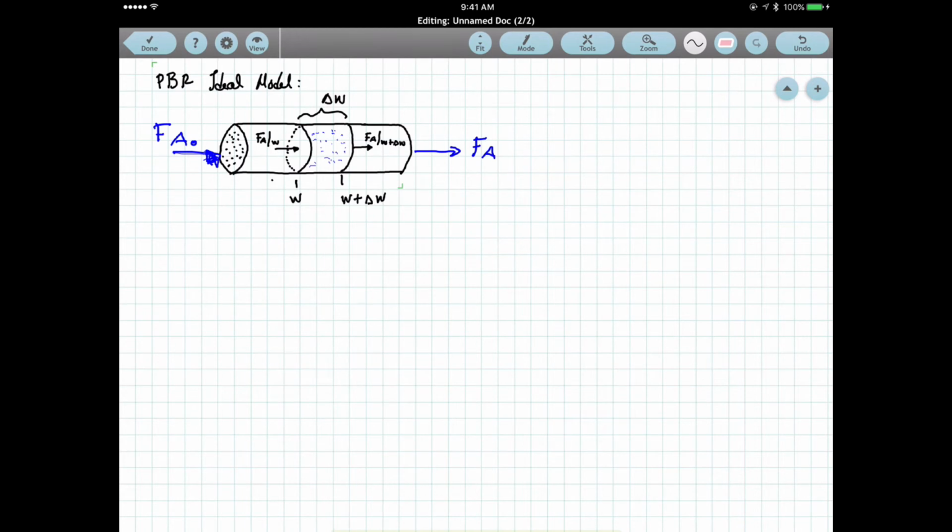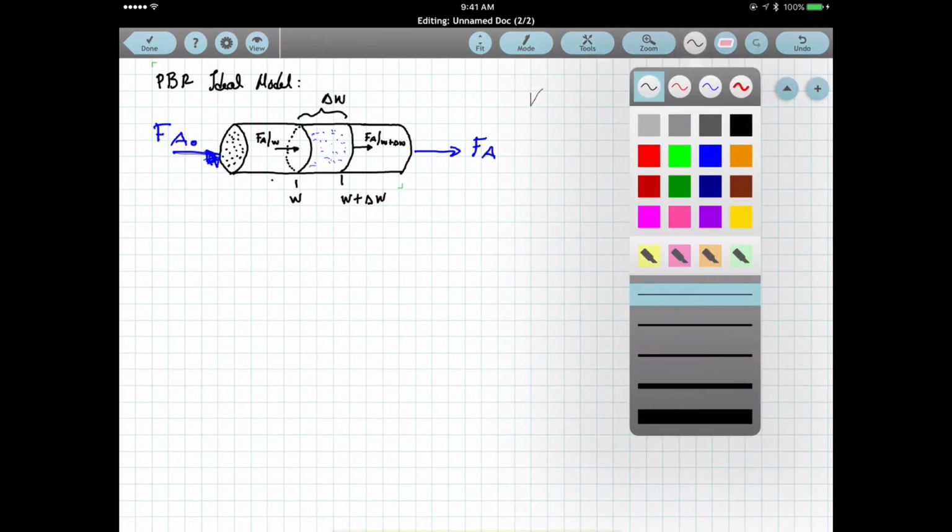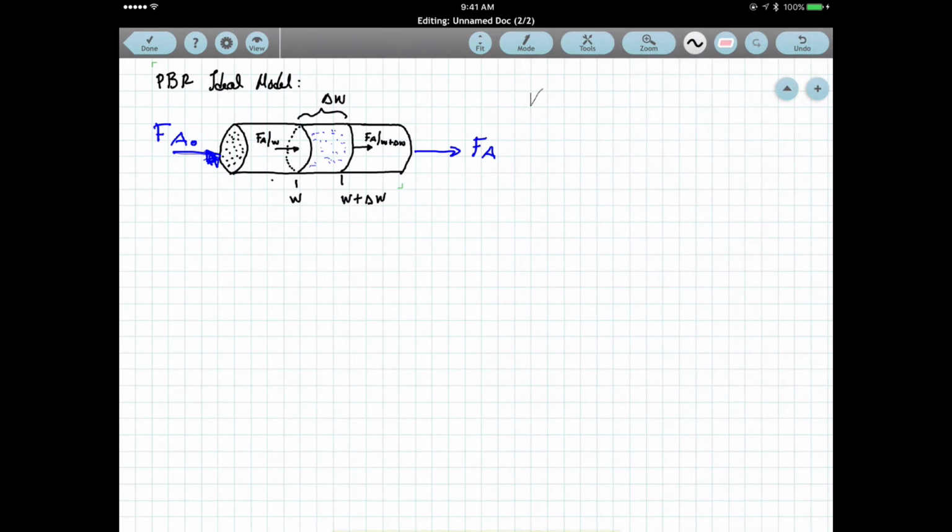So if we look at it, we have to make sure that before we start doing the mole balance, we go back again to the assumptions. Remember, in this case, we have an isothermal reactor, okay?